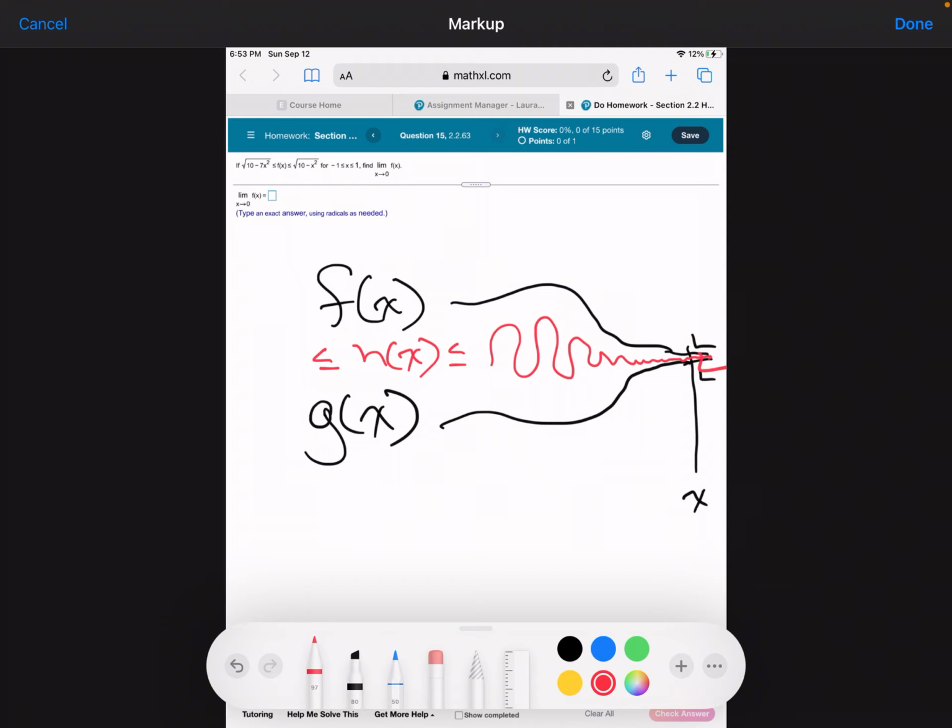So if you are sandwiched between two functions and you know that they have the same limit, he goes to L, he goes to L, you're stuck in between them, then you must also go to L. So it's actually a pretty cool thing.